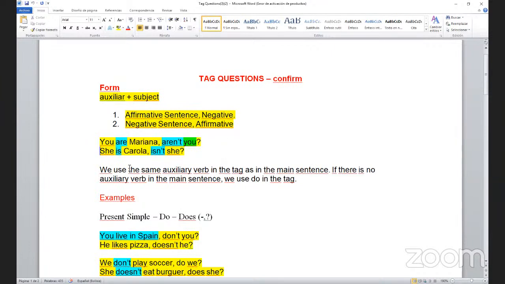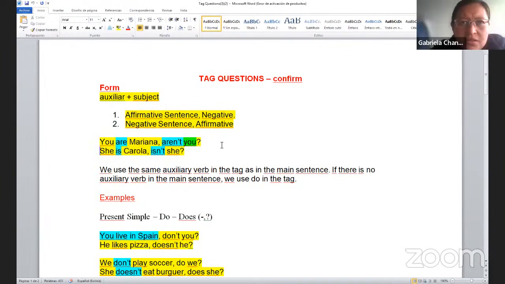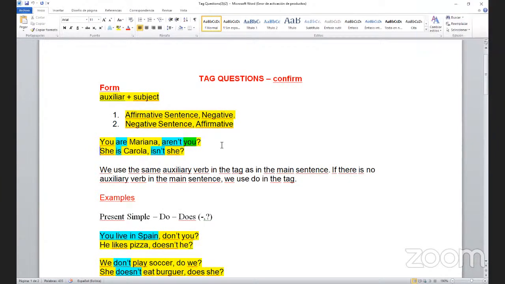Now, we are going to use the opposite. If I say, for example, for you, Chris, we aren't students, how is the tag question? Aren't we? No, because I am using a negative sentence.